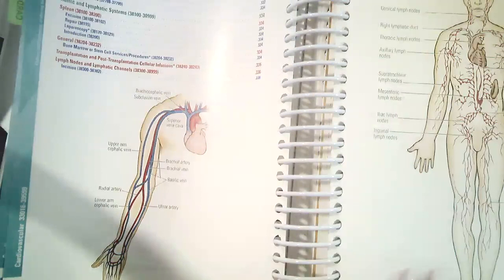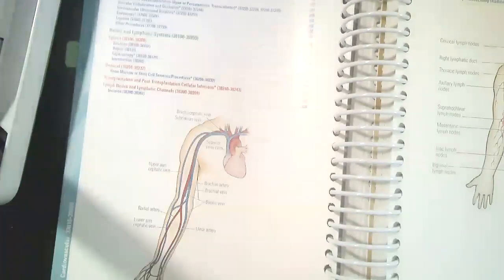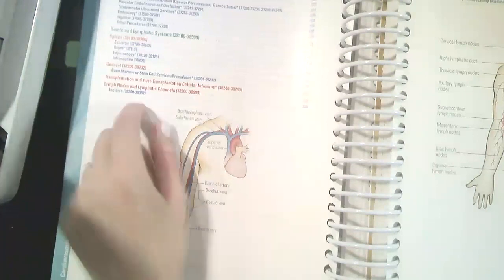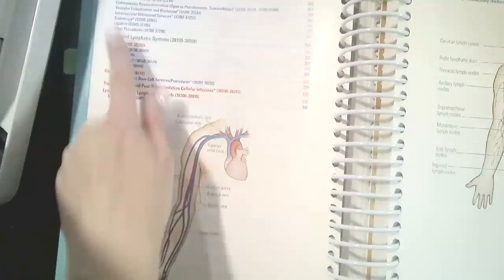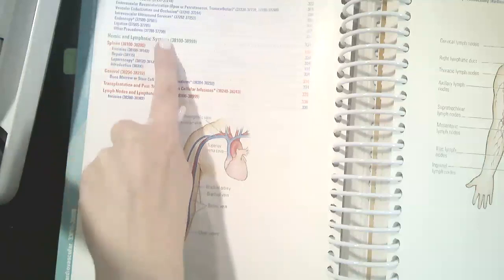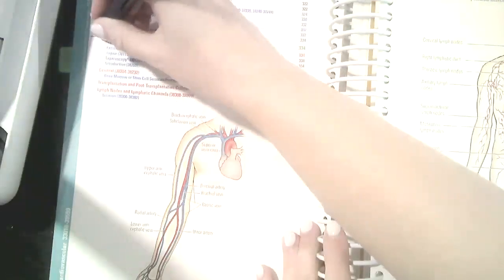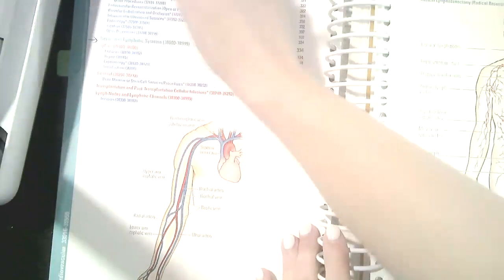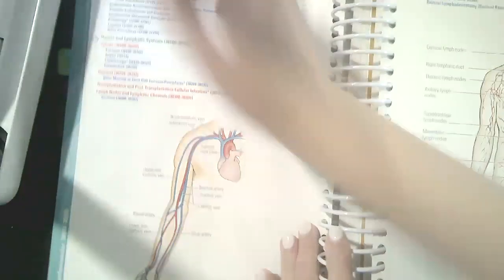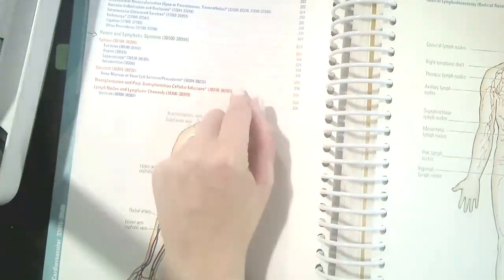Another slightly strange thing about this section is that it's not exclusively covering the cardiovascular system. We also have the hemic and lymphatic system covered here. This is another section within the cardiovascular system, but we will study it separately, okay?